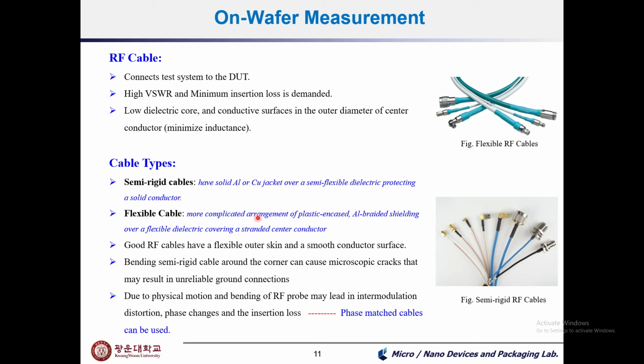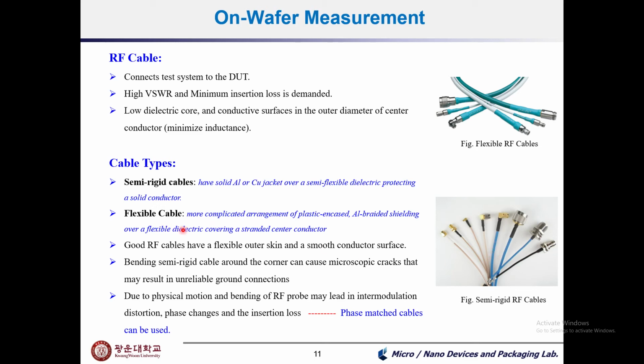These RF cables are typically of two types commonly in use. They are the semi-rigid type and the flexible type. In the case of the semi-rigid type, as you can see in the figure, they have a solid aluminum or copper jacket over the semi-flexible dielectric, which protects the solid conductor.